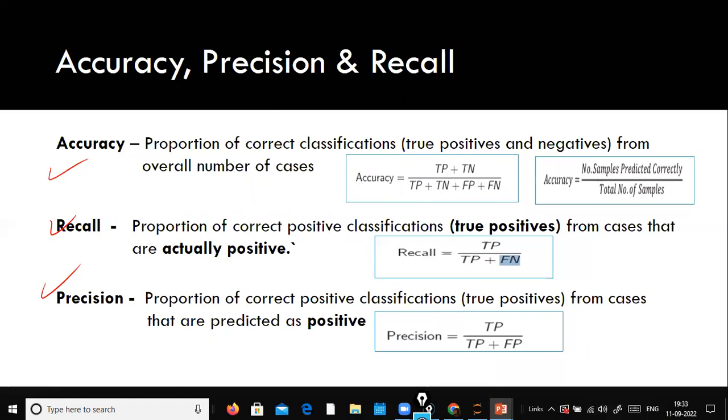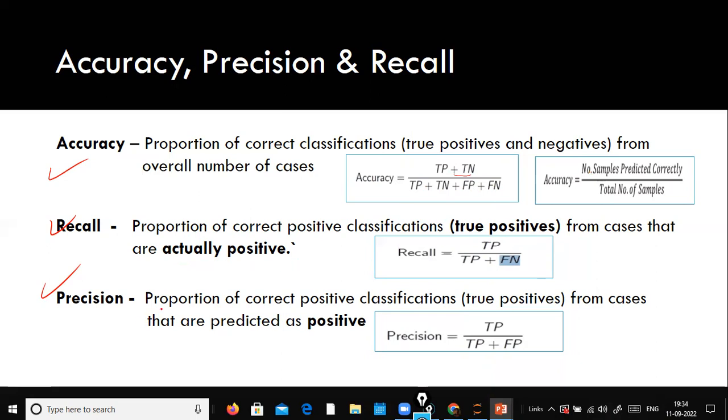Can you tell me, what is accuracy? The proportion of correct classifications from the overall number of cases: true positive plus true negative divided by total number of samples. That is your accuracy. And what is recall? The proportion of correct positive classifications, true positives, from cases that are actually positive.